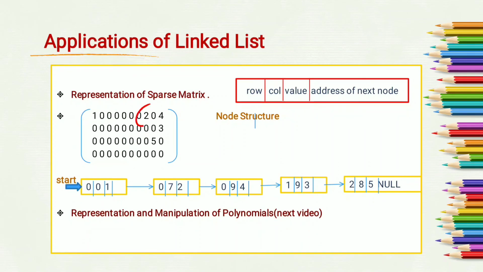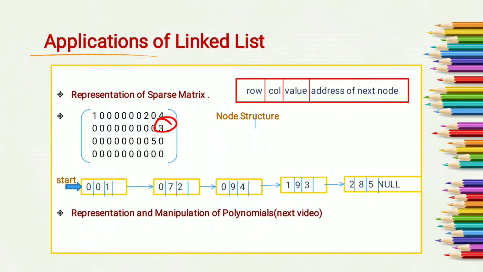Next non-zero value is 2. Where is it stored? It is stored at 0th row and 7th column. So we write 0, 7 and value 2. Next non-zero value is 4, which is stored in 0 row and 9th column. So we write 0, 9 and 4.